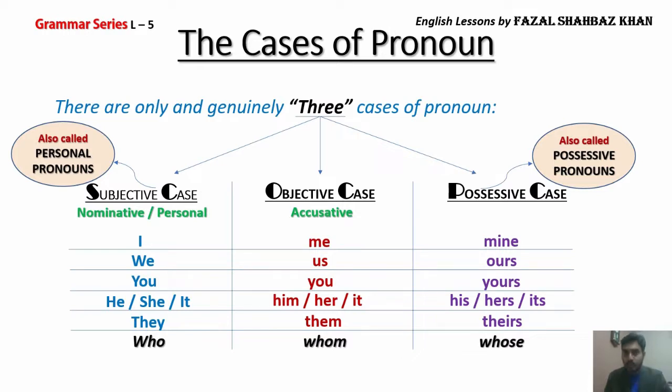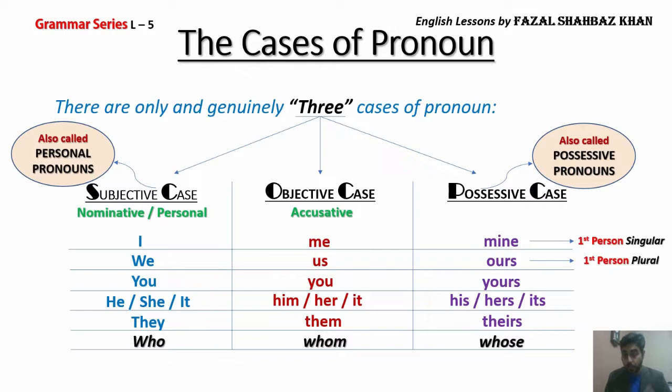So having noticed all that, let's note one thing as well. Keep an eye on the screen right now. I'm not marking only mine, I'm marking the three cases all together here. When I talk about I, me and mine, they are actually called the first person singular.